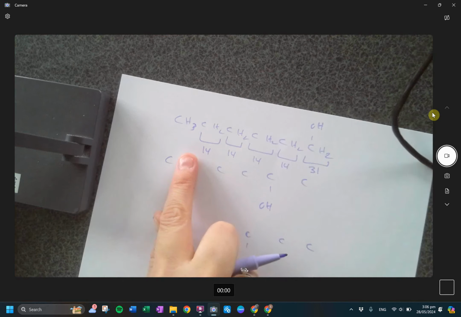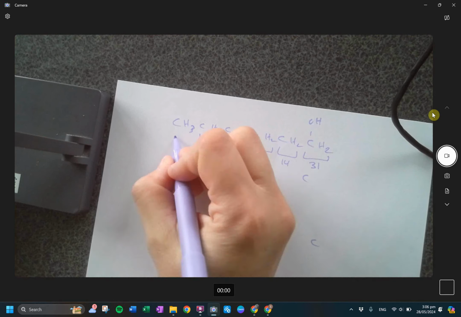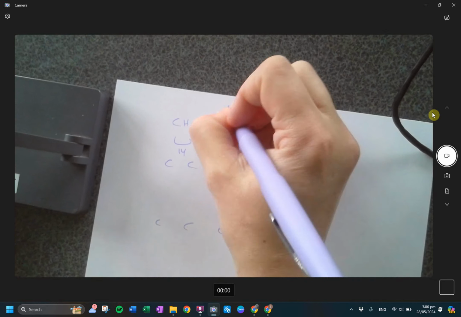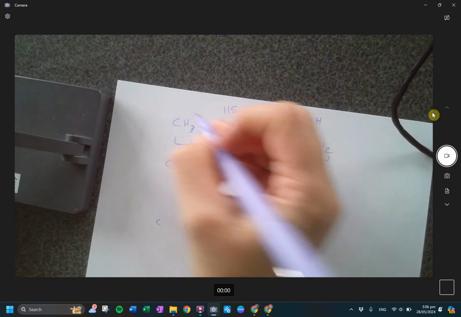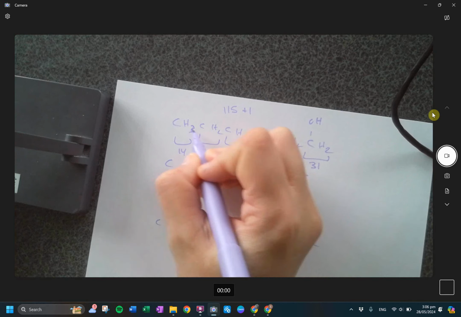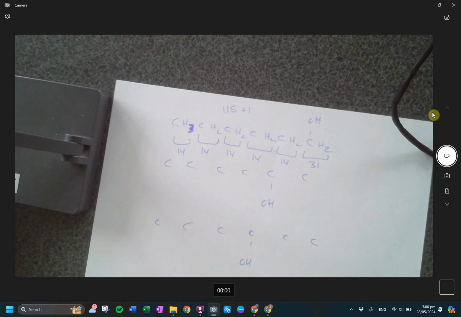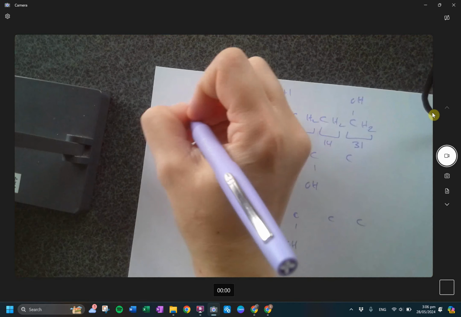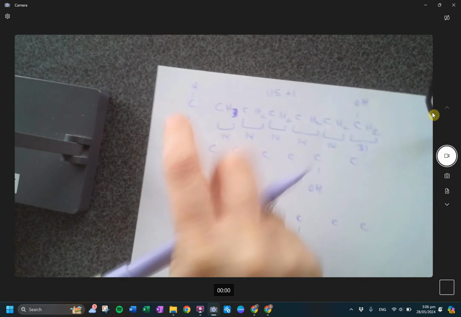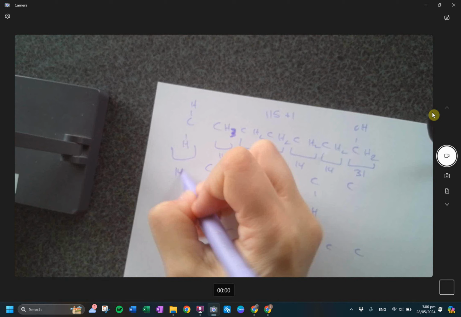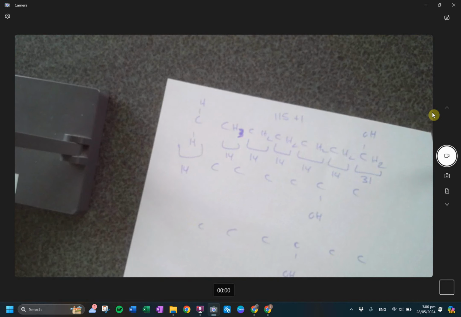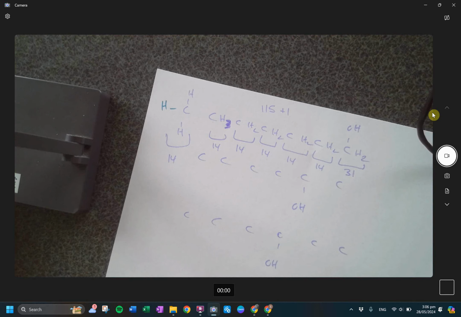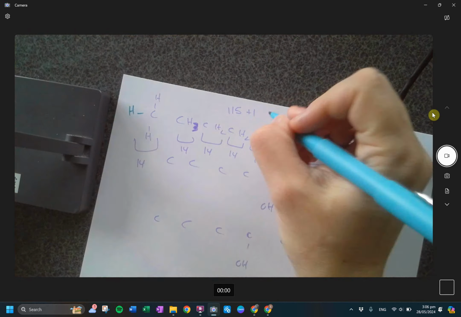When I get to the end here, I added 14, and when I do the math the total is 115. I then add an extra 1 because this has an extra hydrogen, because it's at the end. So if I was to draw this out, it still has this bit here, which is 14, and then I add 1 more hydrogen for the tail. And that's how I get that to being 116.